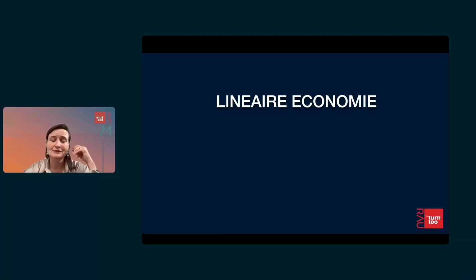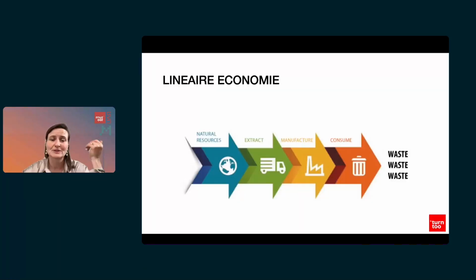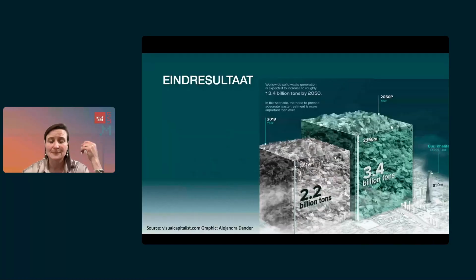One of the fundamental flaws in the system is the linear economy. You probably all know that we extract resources, manufacture, and in the end create a huge amount of waste. And this amount of waste is growing year by year. Depending on the country, the construction industry is responsible for approximately 40%, in some countries even much more, of this waste.